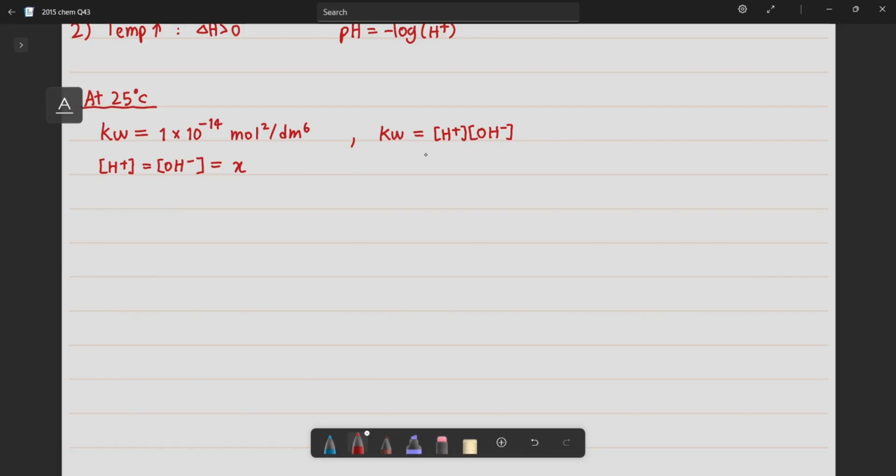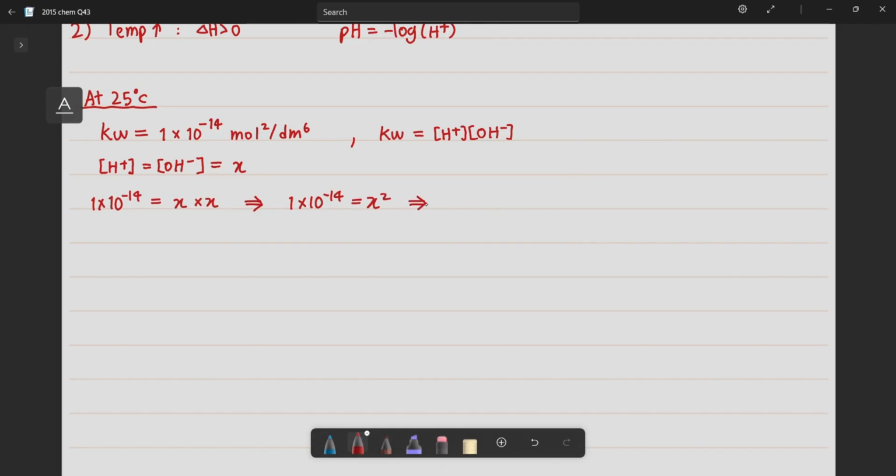So with this general expression, we substitute the value of X into H plus and OH minus. This gives us 1 times 10 to power minus 14 is equal to X times X. So we have H plus and OH minus, we multiply together, we get X square. So 1 times 10 to power minus 14 is equal to X square.